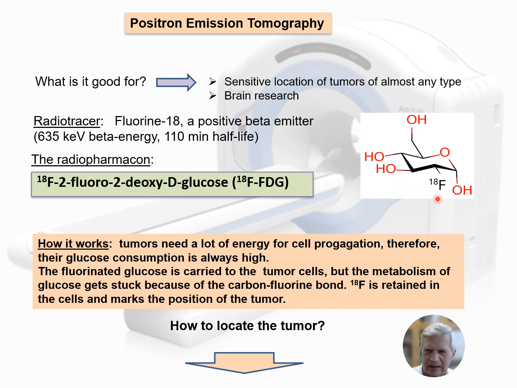However, it is fluorinated, but our biochemical processes do not recognize that it is not real glucose. So they carry it to the place where energy is needed, and then they start to metabolize the glucose, and then they realize this is not glucose, and they stop. And the fluorine-18 is retained in the cell, and therefore it marks the position of the tumor. Now we just need instrumentation to locate the tumor.